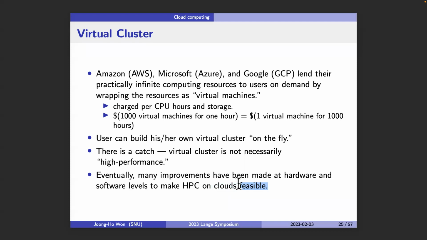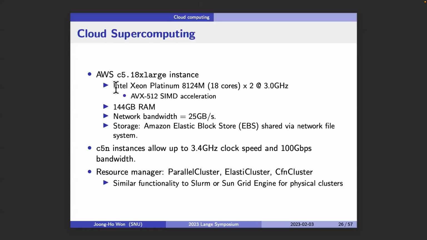on clouds feasible. So, for example, Amazon's C5 instances are equipped with Xeon Platinum CPU with 18 cores, which is quite good, and 44 gigabyte RAM. And most importantly, the network bandwidth is increased to say 25 gigabytes per sec.